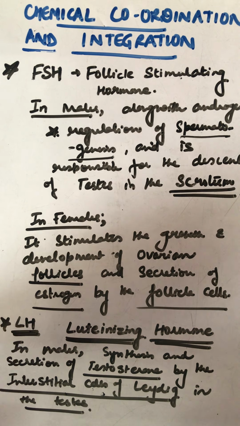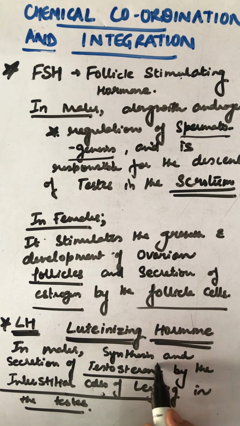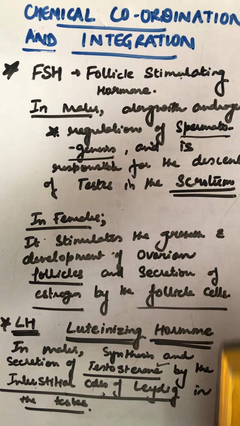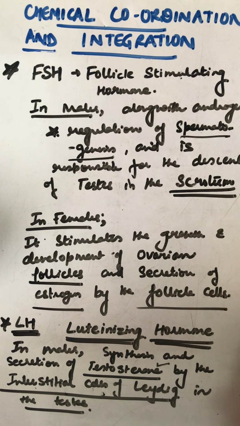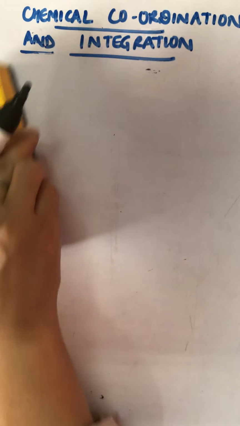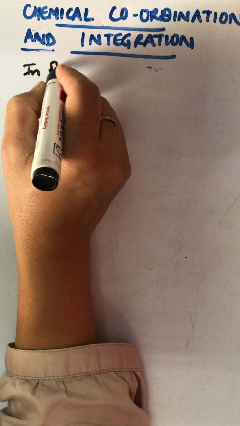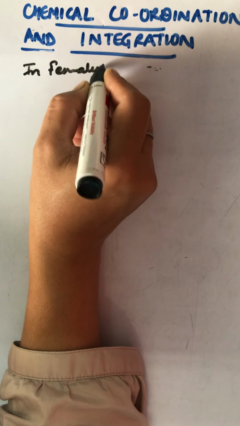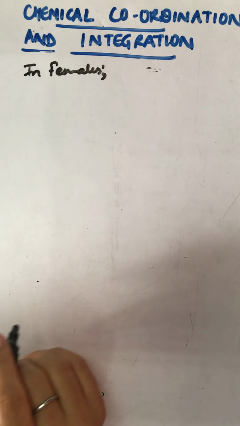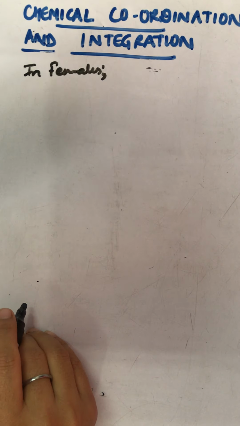Okay, what does it do? Synthesis and secretion of testosterone, that means the male hormone. From where? Interstitial cells of Leydig in the testicular region. And in females, see, in females it induces ovulation.